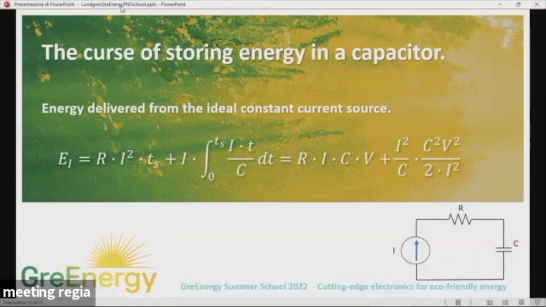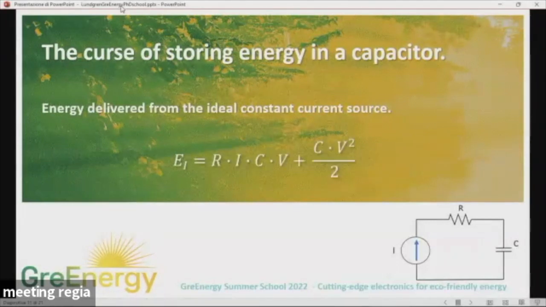One, the energy which is lost in the resistor, which is R times I times C times V, where the C and V appeared due to the fact that we have a stop time. And then we have the energy that is delivered to the capacitor. And again, a lot of C's and V's come in due to the fact that we have a stop time depending on these parameters.